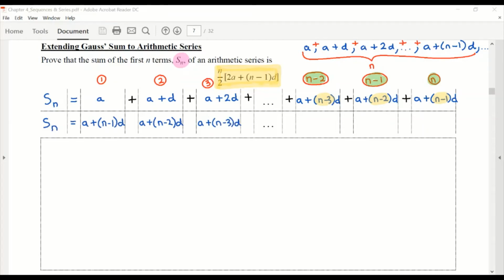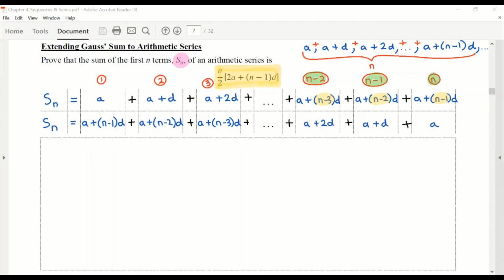Then I'm going to start off on the far right over here, so this would be a plus d, and this would be a plus 2d. Then let's put the additions in all the way along. So this is the same summation, but written backwards, and it will give you exactly the same total. It doesn't matter which order you add the numbers up.